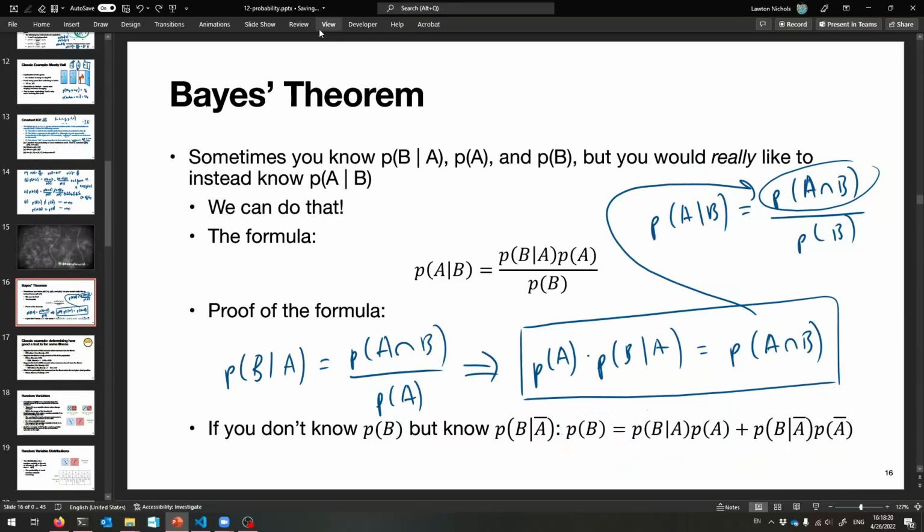Let me prove that to you very quickly. That's another way to write this, using these ideas. What is this but an intersection? This kind of multiplication is just an intersection.